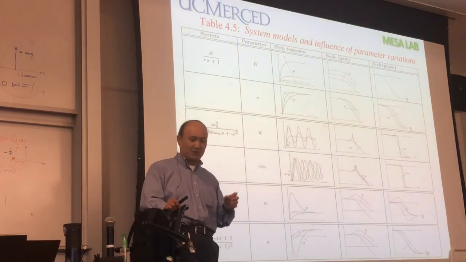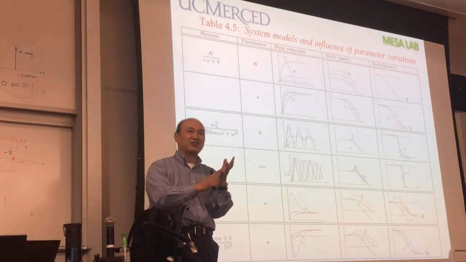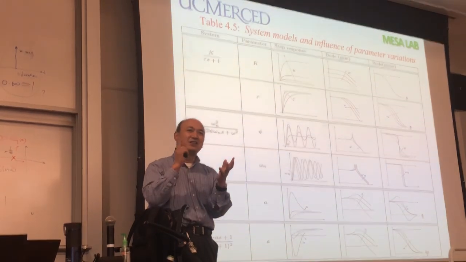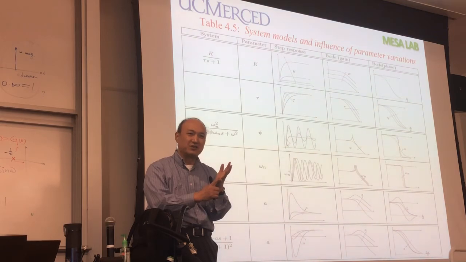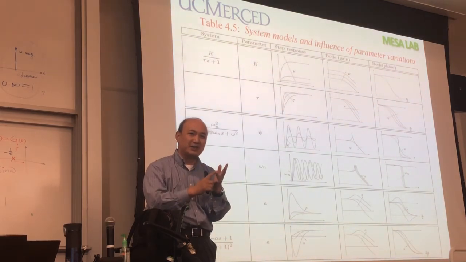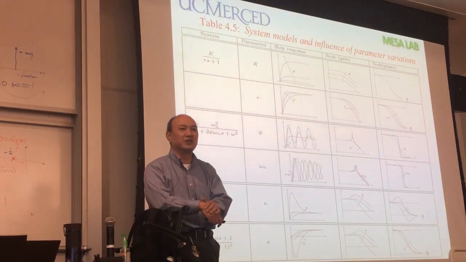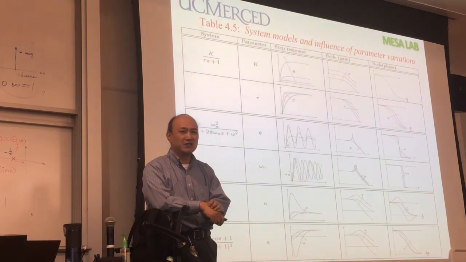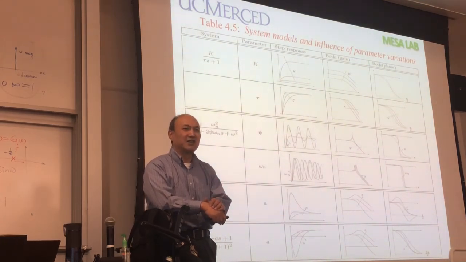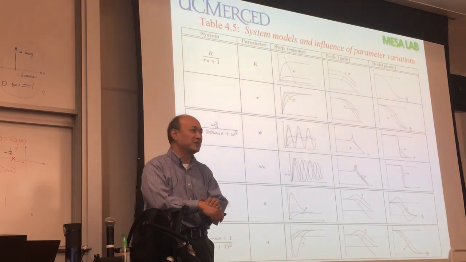So therefore, the following things are equivalent. Non-minimum phase zero and right half plane zero are the same. In some of the textbooks, people say unstable zero. I hate it. I don't like it. It is stupid. Because a zero will never affect stability.